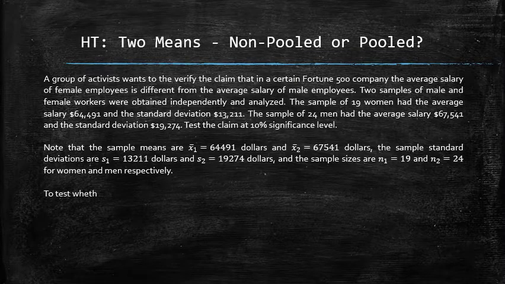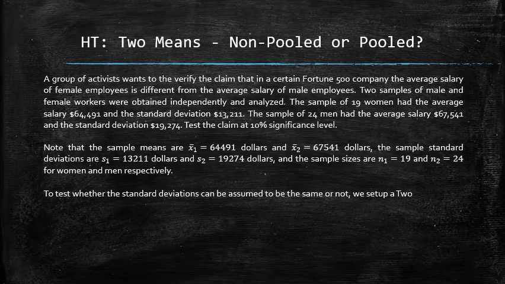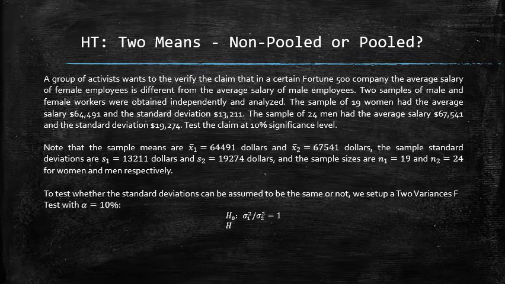To test whether the standard deviations are the same, we set up a two variances F-test with alpha equal 10%. For convenience, we choose the same alpha as in the problem, but in general it doesn't have to match and depends on the context. The null hypothesis is that the two variances are the same. The alternative hypothesis is that the two variances are different.